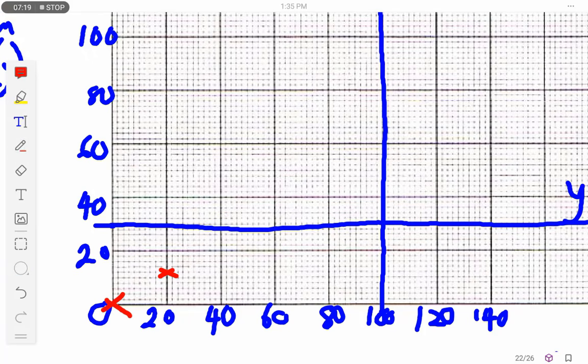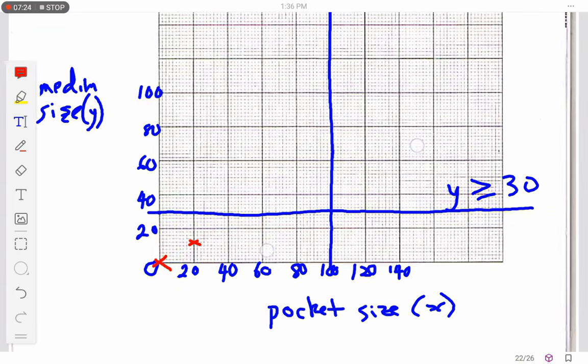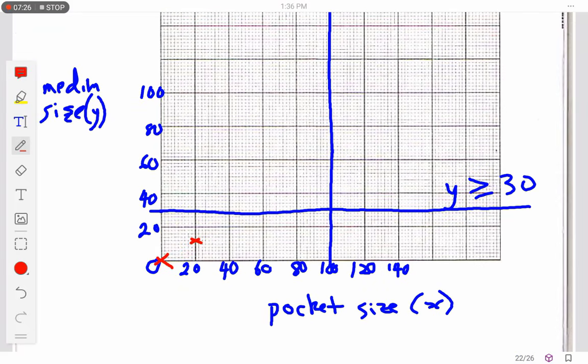Maybe I should have another point. When my x is 80, I'm just saying 0.6 times 80, I'm getting my y is 48.